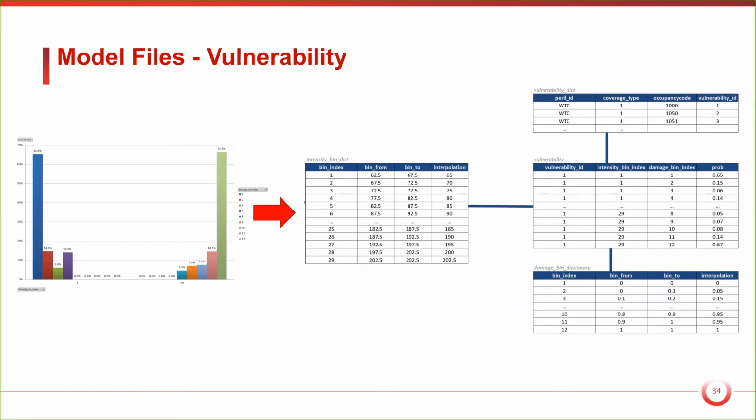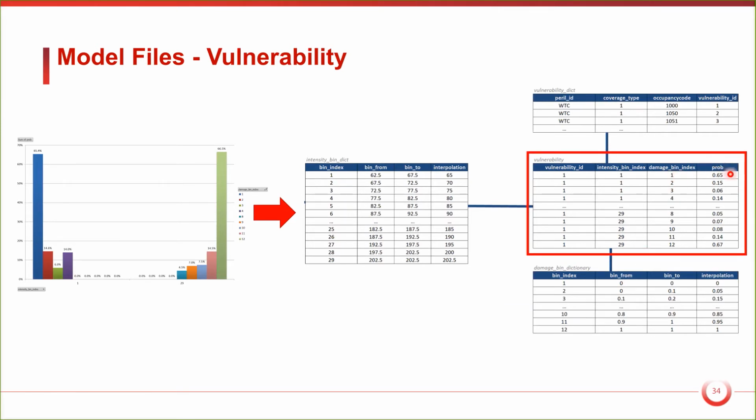And similarly to what we saw before, in Oasis terms, these distributions are stored as a table. So for a single vulnerability function here, vulnerability function 1, for intensity bin 1, which was my 65 miles per hour, roughly, I had my 65% chance of damage bin 1, which was 0 damage.